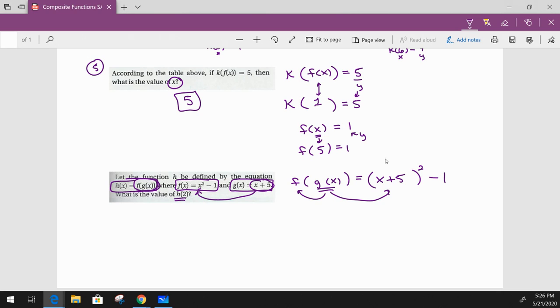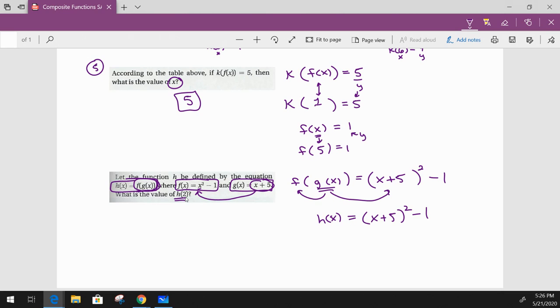Now we just need to simplify. x plus 5 squared. Actually, we don't necessarily need to simplify here because we're finding h of 2. So we really could just leave this in this format, especially if you're trying to save time. So this is what your function would equal.